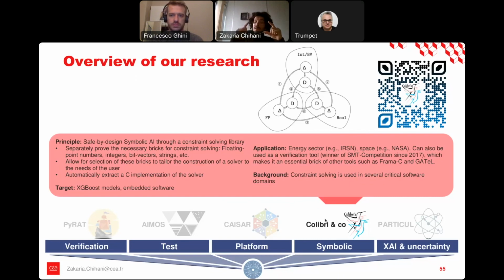But more importantly, once you have the proof, you can extract from the proof a C code that implements what you're proving. So what we do is prove in Why3 the different domains, the propagations, the labeling methods, the reduced products between the different domains of the solver, and then once that's proven, you can extract a solver in C.